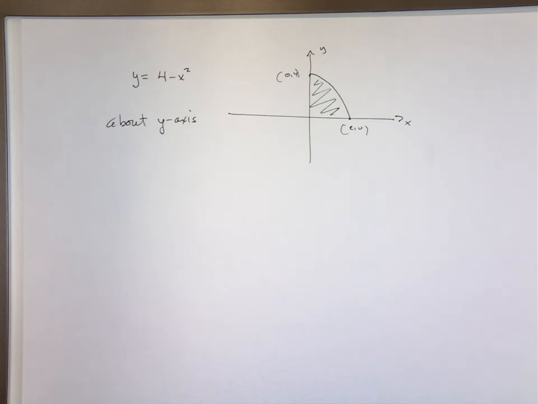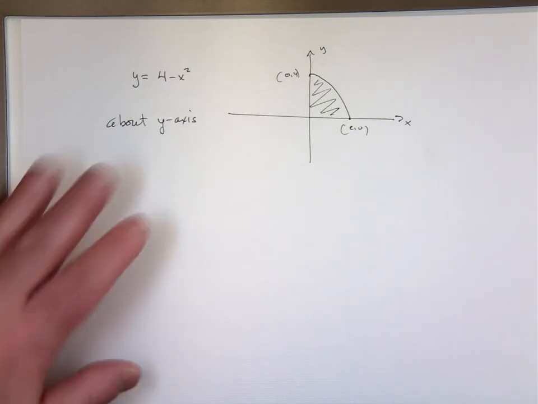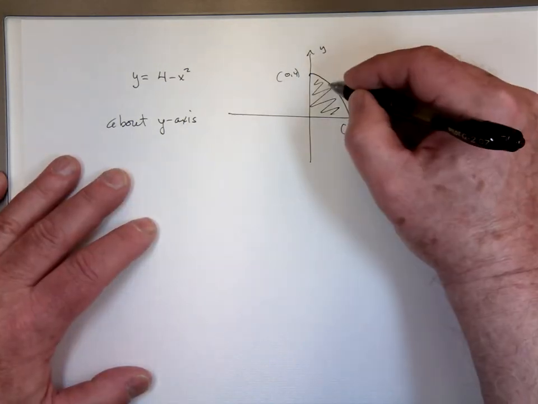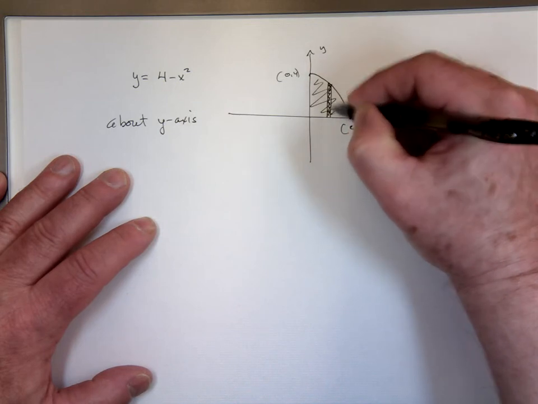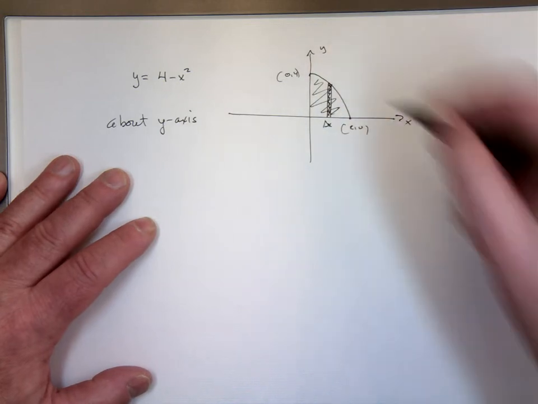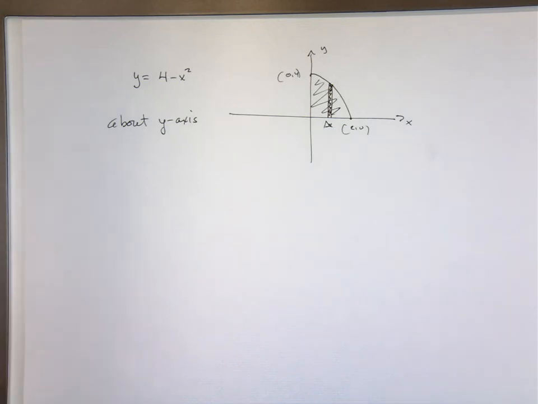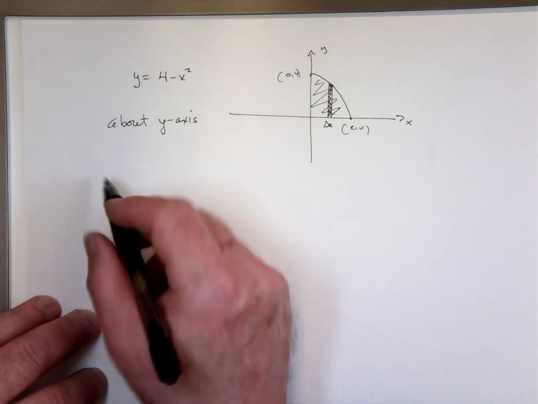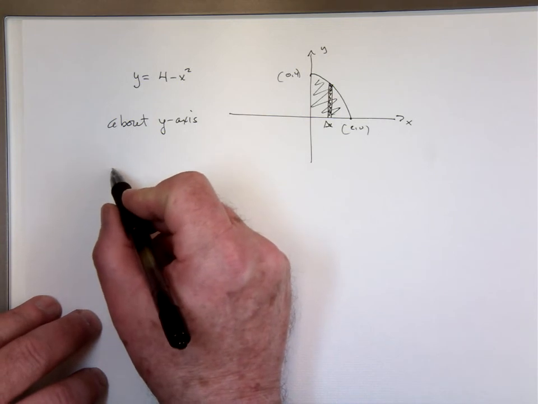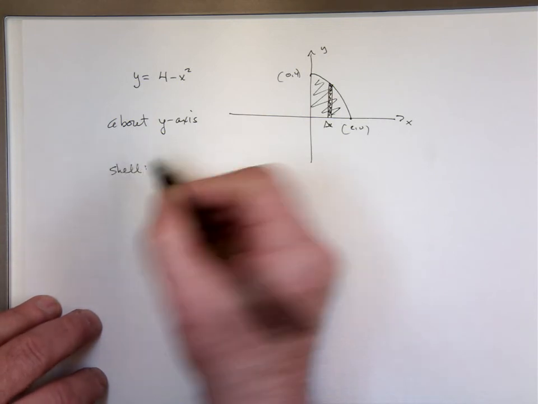First of all, let's take the rectangle this way. If I take my rectangle this way, what am I going to generate? What of the 3 that we have? Thank you. Okay, let's set it up. The volume is equal to 2 pi integral 0 to 2.